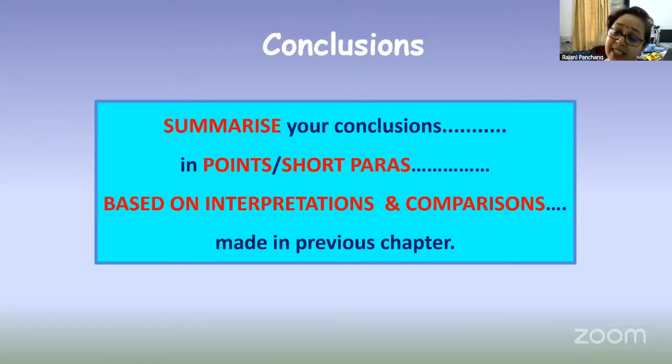In case we should do more sampling, we should do more characterization so that the information is more reliable. Such things you can add in your conclusion. Once you write the conclusion, you can also write the limitation of your work. And in the last, you can also write the future scope of your work. What is the future scope of your work?